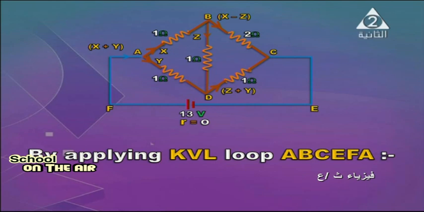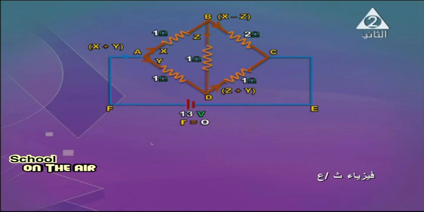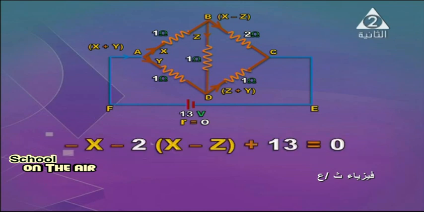Now apply Kirchhoff's voltage law on loop A, B, C, E, F, A. This means we are applying it on the entire circuit. So, minus X. When passing through the branch BC, we are going in the same direction as the current, so we expect a drop in voltage.